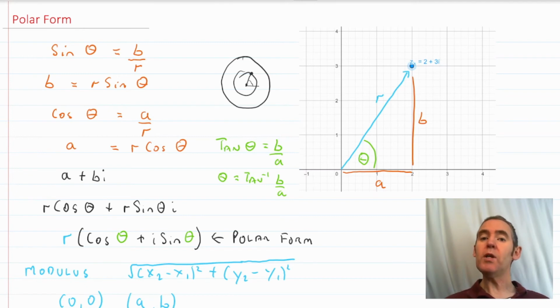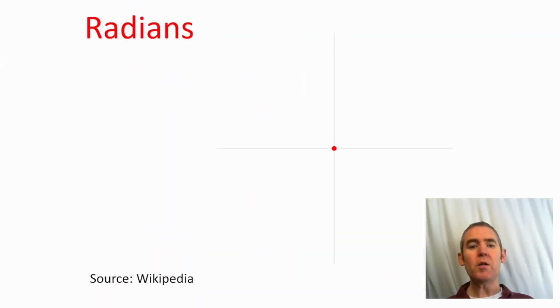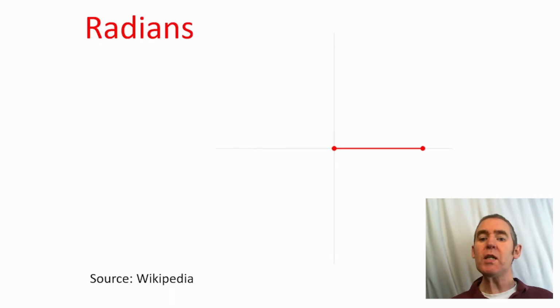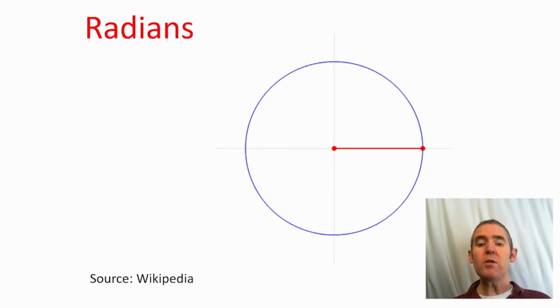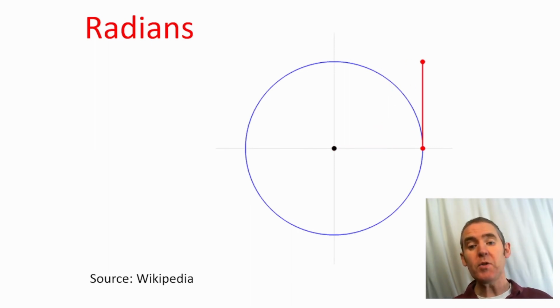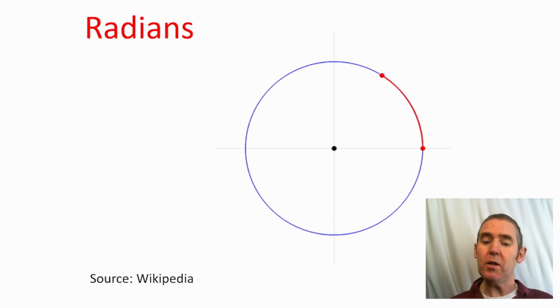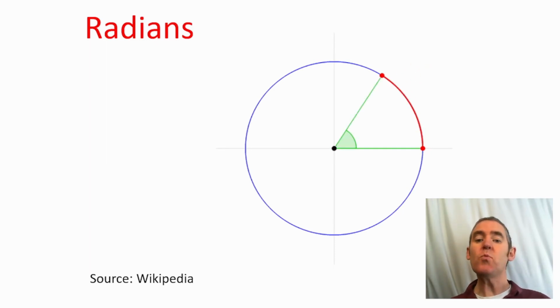So we'll go through just a little recap on radians, just so we understand. If you take the radius of a circle, and you take that length, let's call it R, and you put that onto the arc of the circle, the angle that makes is 1 radian. So you can see that 1 radian is about 52 degrees.